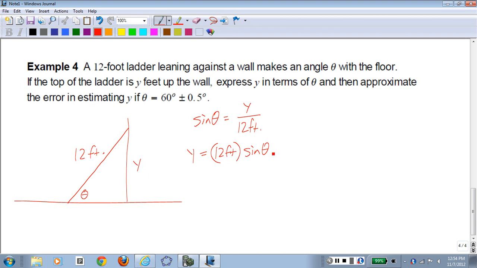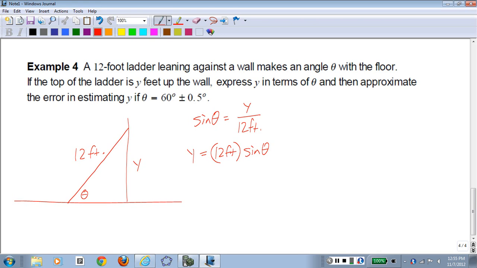So if you give me the value of theta, I can punch it in there, take the sine of theta, multiply by 12. We also have to know we're assuming there's no error in the 12. Whoever measured the length of the ladder got it perfect.